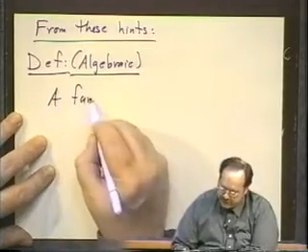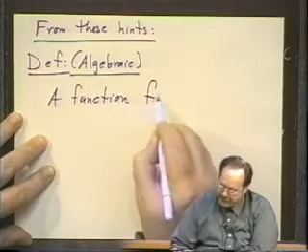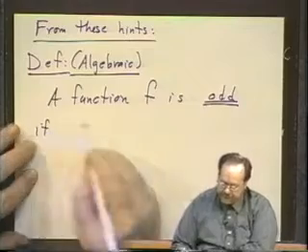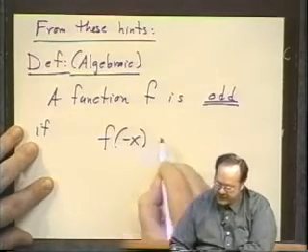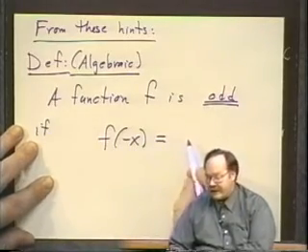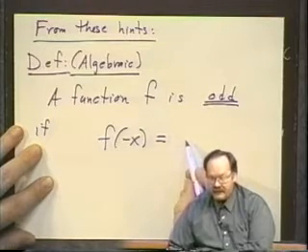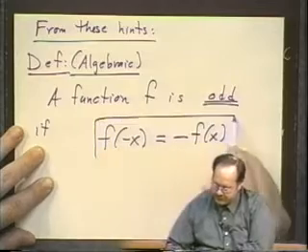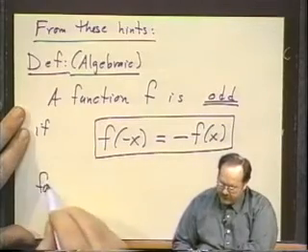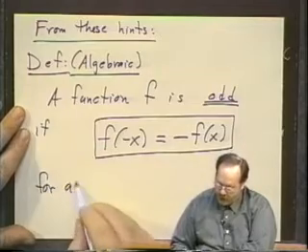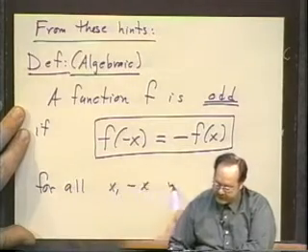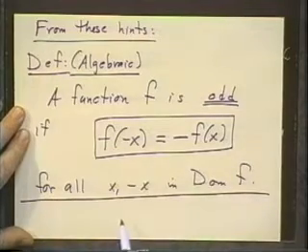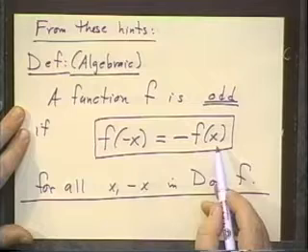A function f is what we'll now call odd if f of minus x did not give us back f of x, that would be even, but gave us back the negative of the original. So it gave us back negative f of x. And we would want this to work for all x and minus x in the domain of f. f of minus x equals minus f of x.